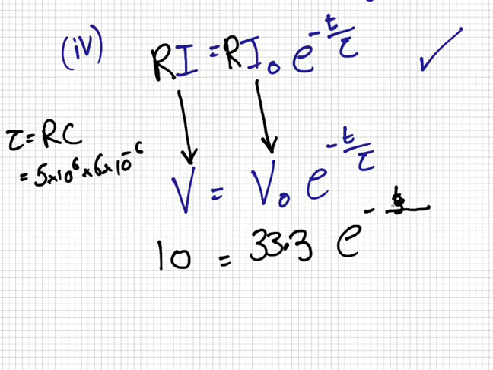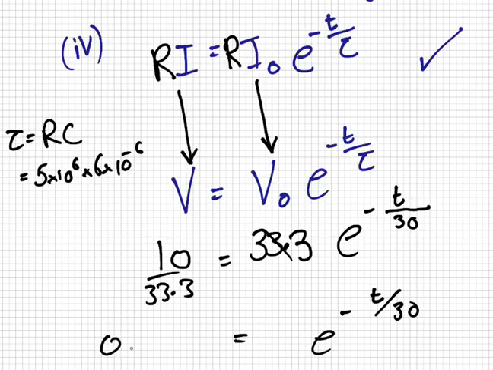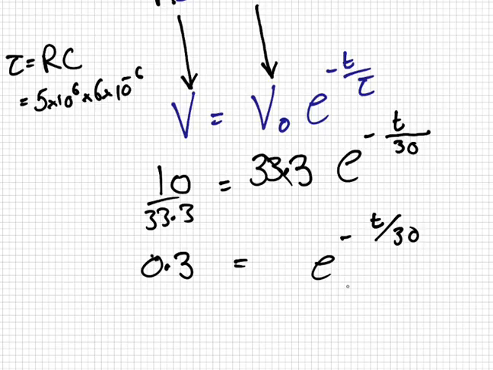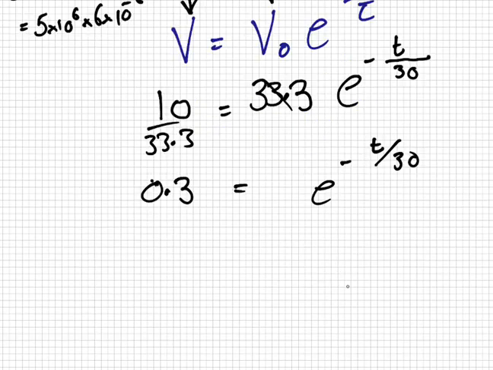Now, I'll bring this down here. Can someone tell me what I have on the left now, please? 0.33, yeah? If I divide the top, 0.3. Exactly. Now, does anybody know what I should do here?